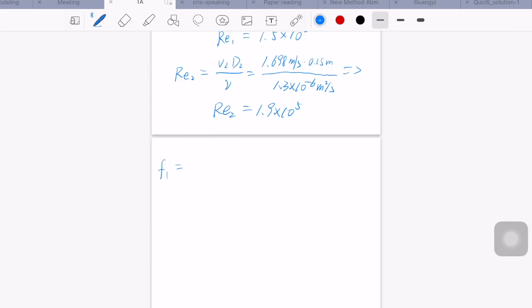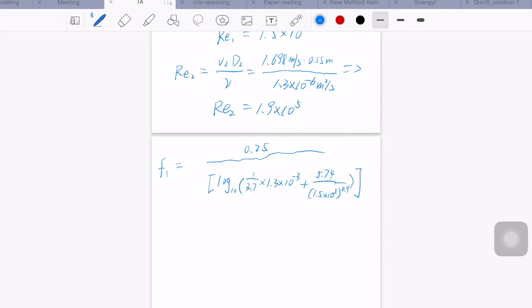So F1 should be equal to 0.25 divided by the log to the base 10 of 1 over 3.7 times 1.3 times 10 to the power of -3, plus 5.74 divided by 1.5 times 10 to the power of 5 to the power of 0.9, all squared.